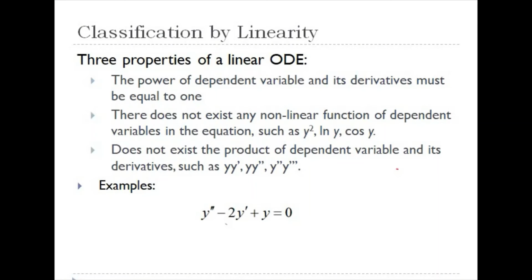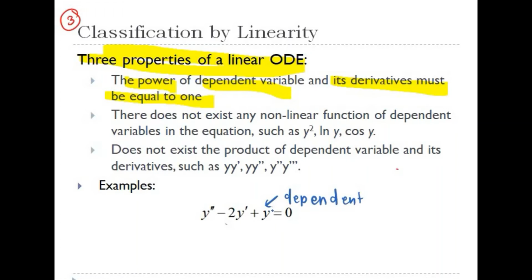So the third classification is by linearity. To be linear, three properties need to be fulfilled. First, the power of the dependent variable and its derivative must be equal to 1. From the example here, we know that our dependent variable is y, and the power here is 1.